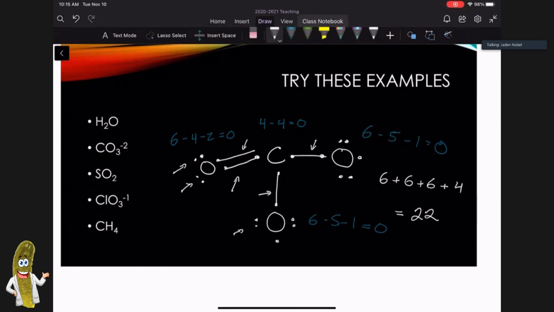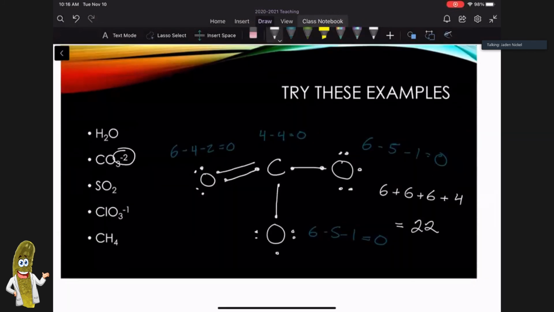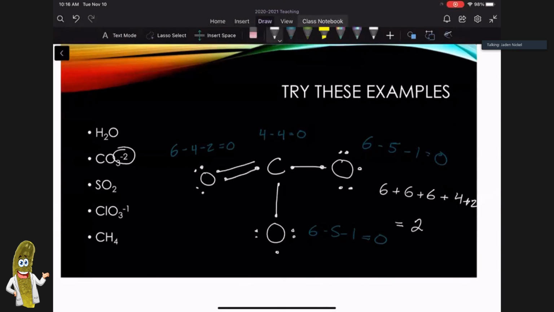So what I know then is that this thing must have gained 2 electrons from somewhere. That's the valence electron method that we were talking about the other day, where we were saying, if it has a -2 charge, does that mean it gained or lost electrons? We know that this thing must have gained 2 additional electrons, meaning this number must be 24 instead.